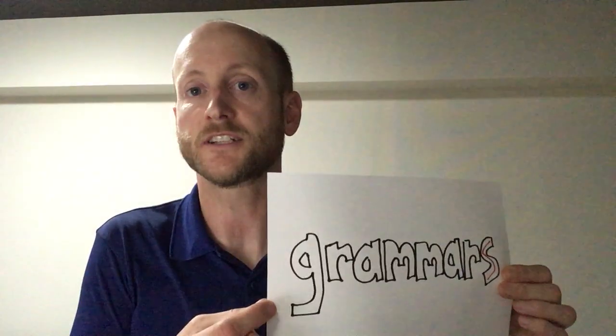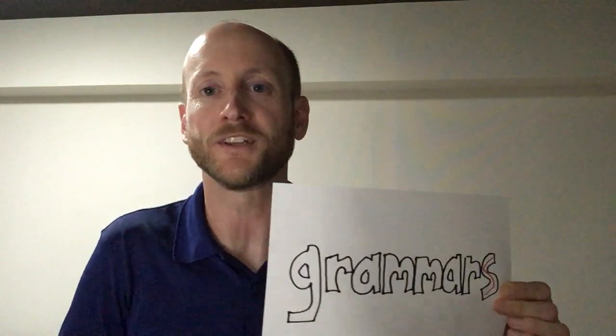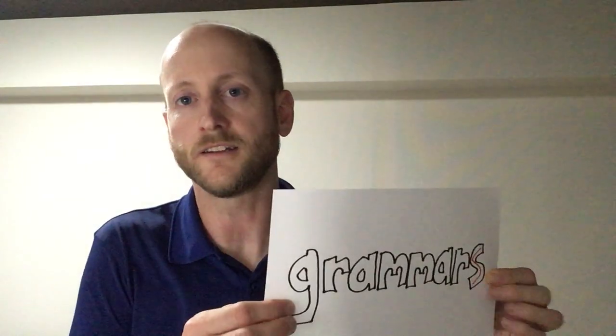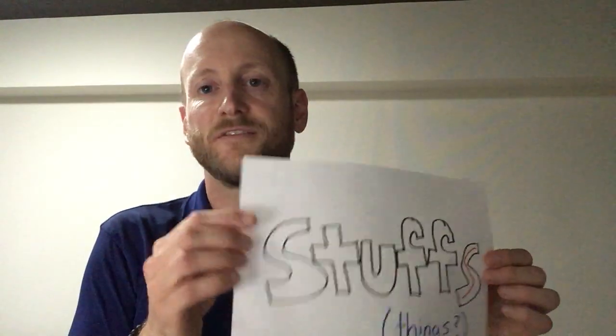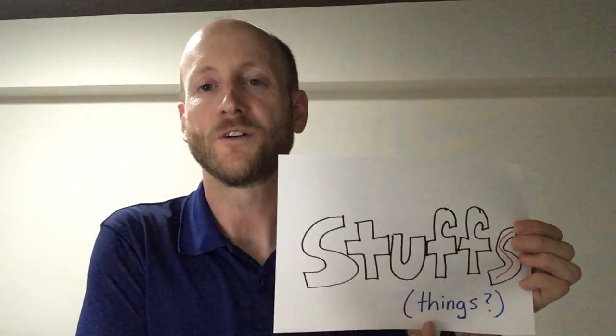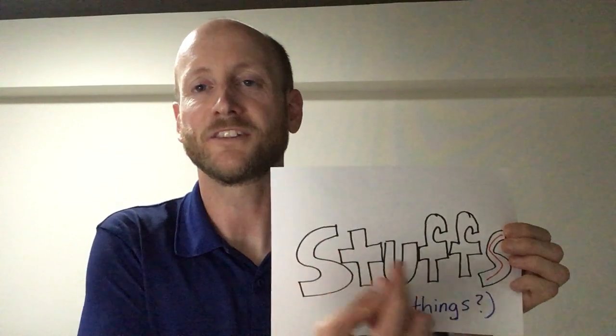And another one that Xue actually did make, but I found this in some other research: grammars is a common one that is often made erroneously in second language learners' interlanguage. And also words like stuff becoming stuffs in the plural, and I thought that was interesting because thing can become things, but stuff cannot become stuffs.